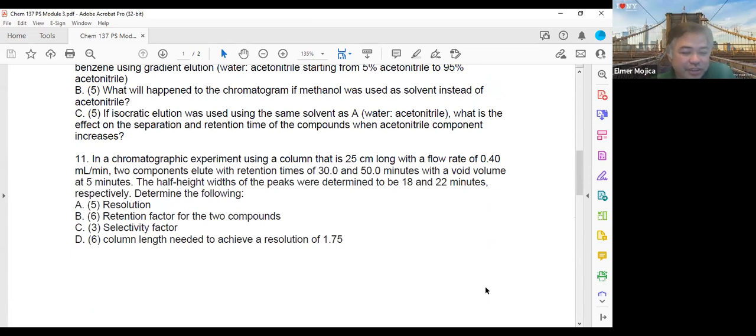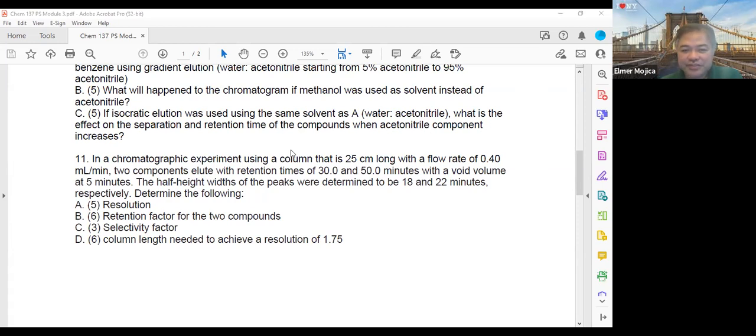You have a chromatographic experiment using a column that is 25 centimeters long with a flow rate of 0.40 ml per minute. There are two components with retention times of 30 and 50 minutes, with the void volume at 5 minutes. The peak widths were determined to be 18 and 22 minutes respectively. Determine the resolution.